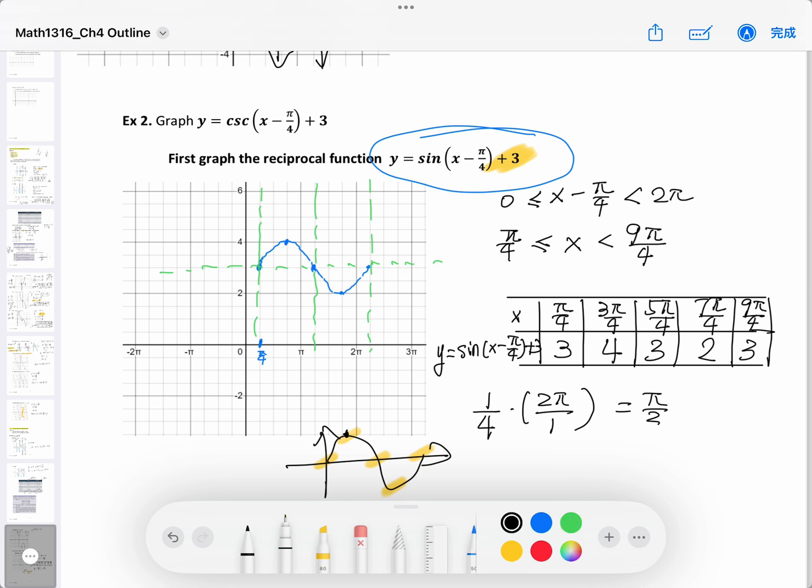Then we can graph our reciprocal function, bump to bump, or head to head. This is the cosecant function. All right, we're done. We can also erase our helping information. For example, I can erase the helping function. So this is the cosecant function.